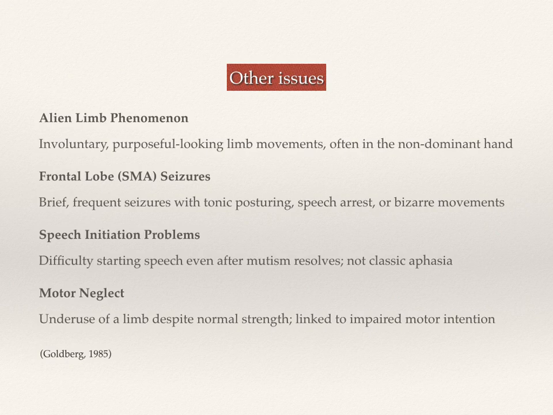Some other issues are alien limb phenomenon, which has brought a lot of interest because it's kind of fascinating. It looks like purposeful movements, but it's not. And frontal lobe seizures is kind of a little bit misleading because they can happen anywhere, but ones that are specifically focal to the SMA usually involve brief, frequent seizures with tonic posturing, speech arrest, or bizarre movements, and they usually happen in your sleep, which isn't that great for epilepsy.